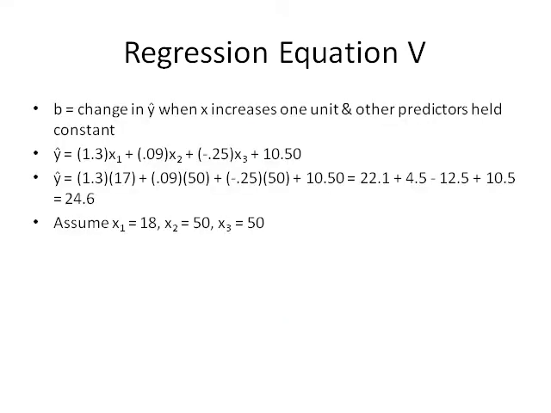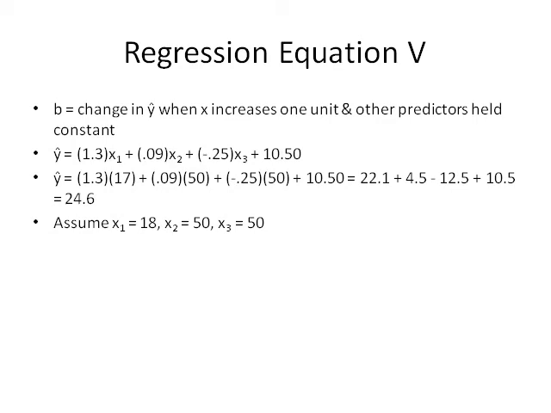Let's consider another important property of b, or the partial regression coefficient in multiple regression. b can be found to be equal to the change in the predicted value of y when the value of its predictor increases by 1 unit and the value of all other predictors is held constant.